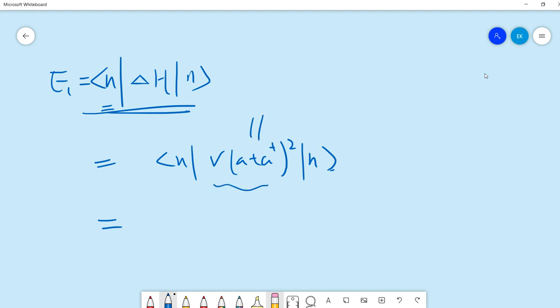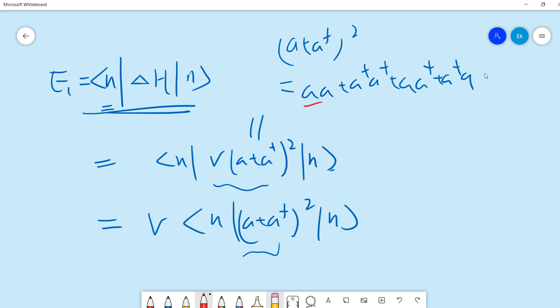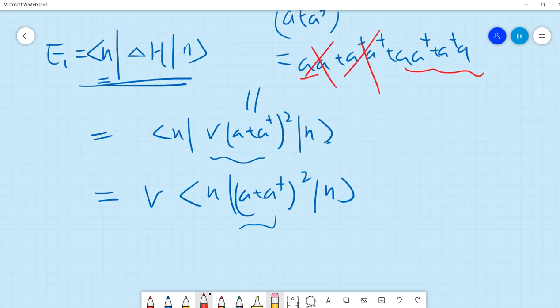So this is v times n a dagger squared n. So this is (a plus a dagger) squared, which basically is a dagger a. And then if you have two a's, then it will be n minus 2. And in the product with n, this term is 0, this term also 0. So this is all the remaining term.